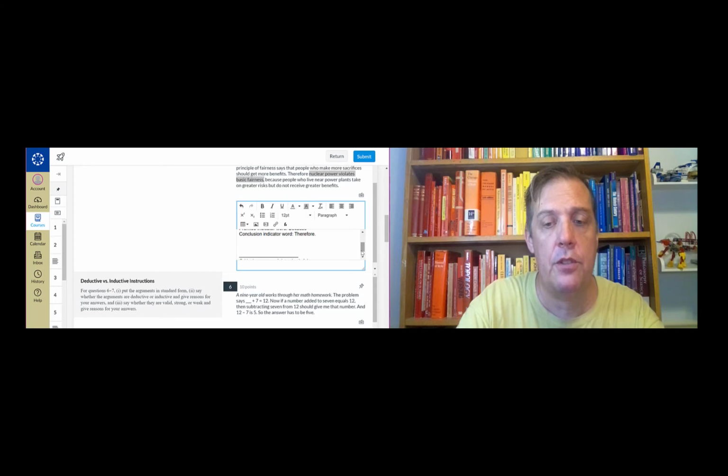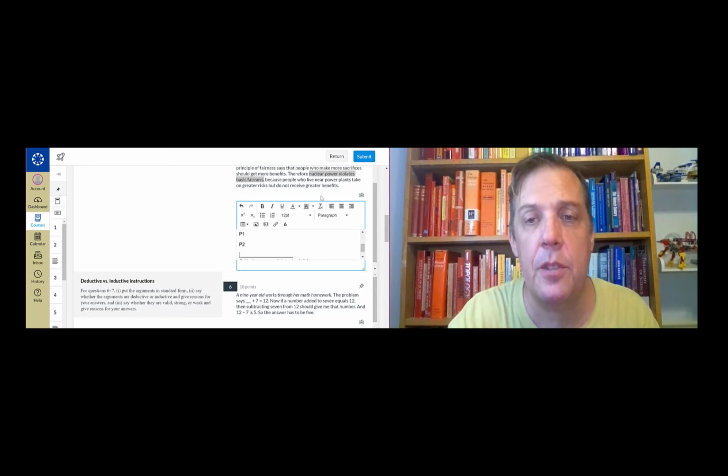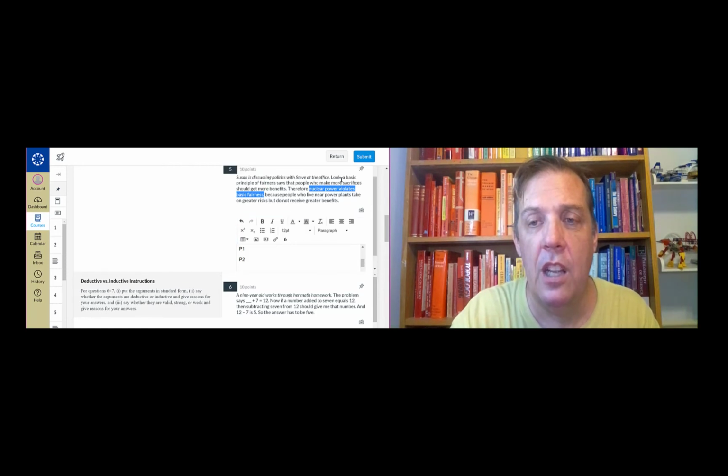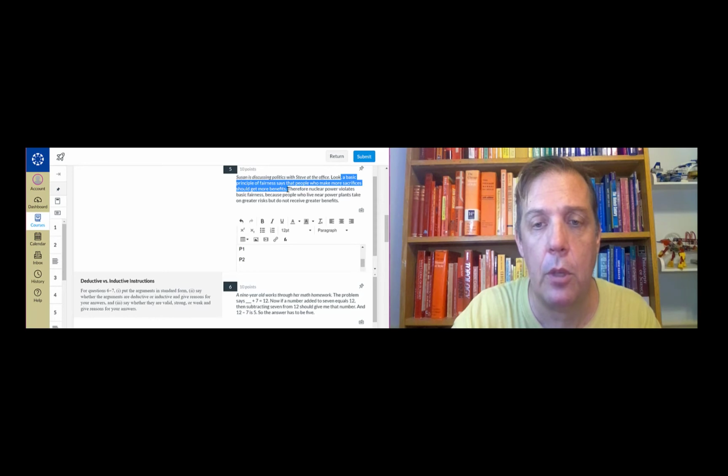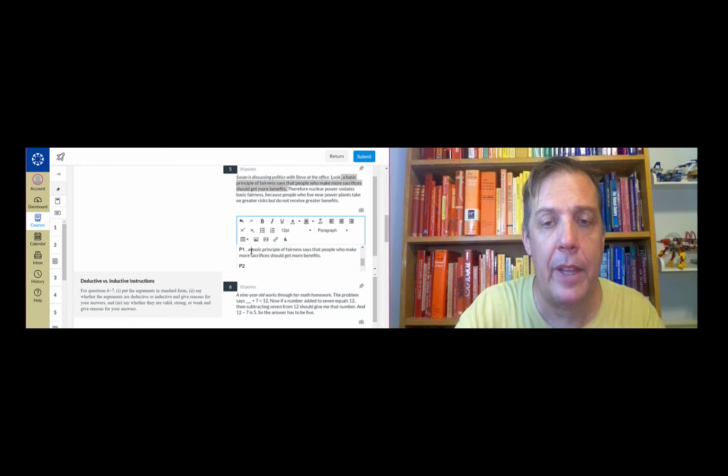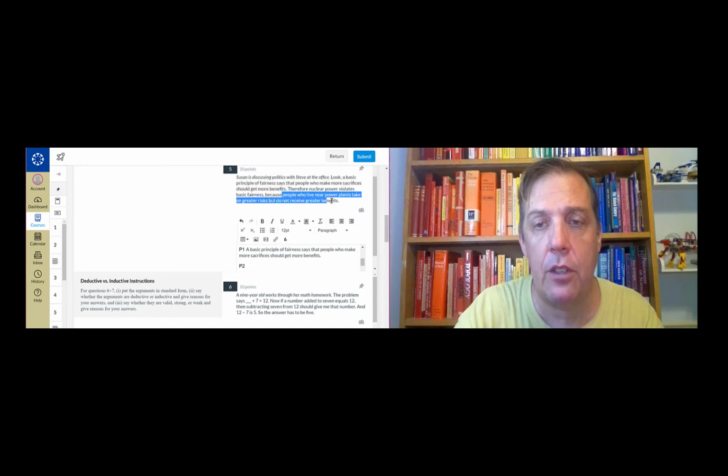And those are the other two statements in the passage, P1 and P2. So P1 is a basic principle of fairness says, and so on, make this a full sentence, and then people who live near nuclear power plants take on greater risks but do not receive greater benefits.